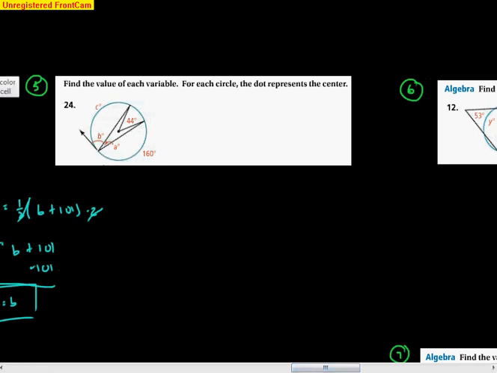All right, 5 here. Let's remember that this is not part of the work. Okay. So find the values of each variable, A, B, and C. Okay. So notice here in this problem we have a central angle. See the center? This 44 degrees is for this angle. The measure of the central angle is equal to the measure of the arc.